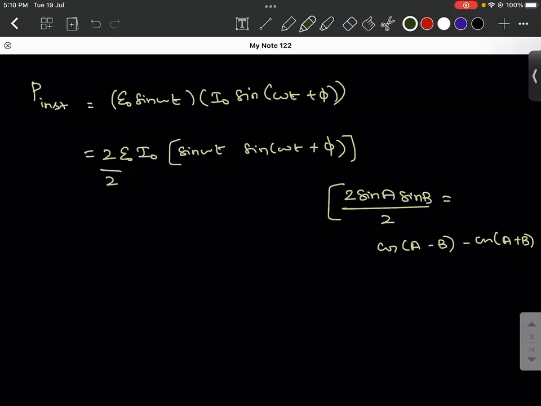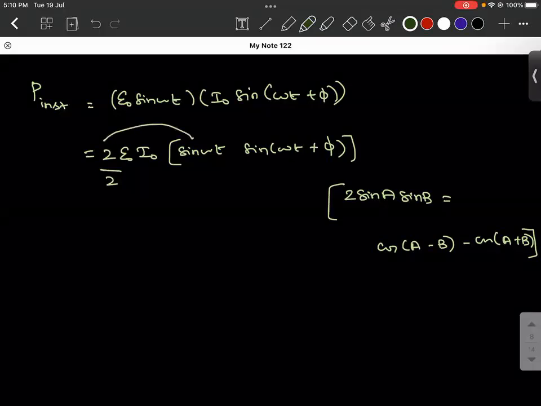Cos of A minus B is cos A cos B plus sin A sin B. Cos of A plus B is cos A cos B minus sin A sin B. So minus of minus gives a plus, and that will give you 2 times sin A sin B.